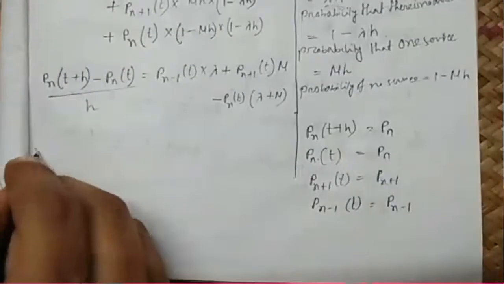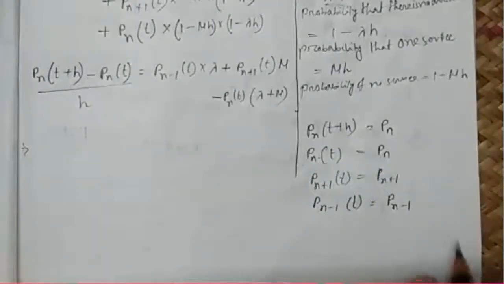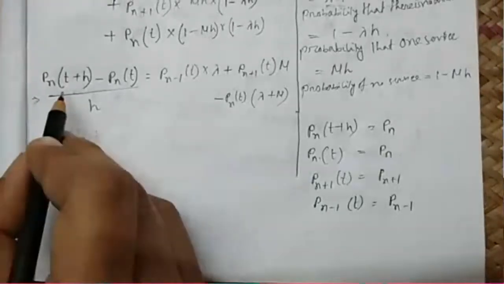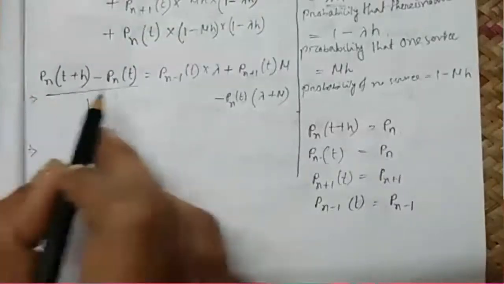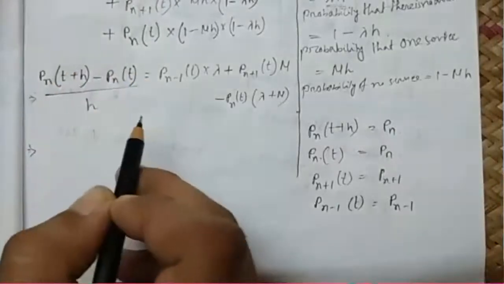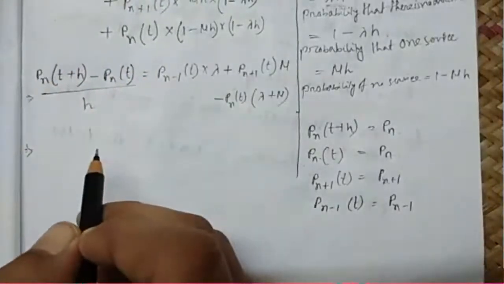Now, if we remember this and put it over here in this equation, you see this becomes Pn, this becomes Pn. So this whole quantity on the left becomes 0.